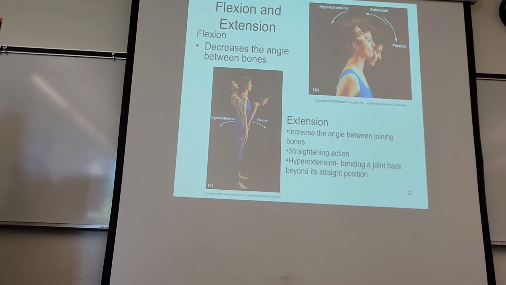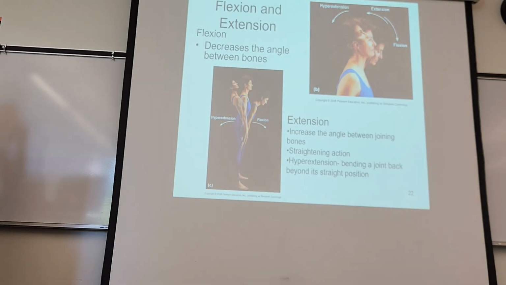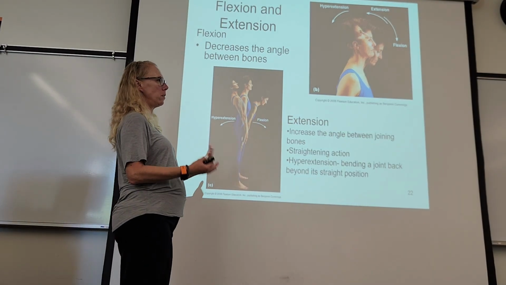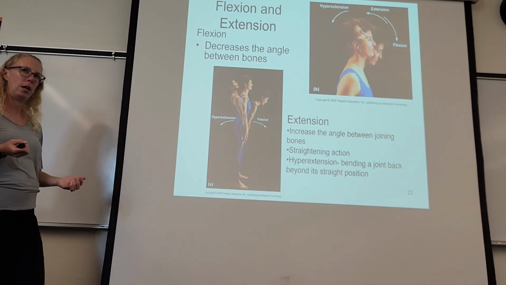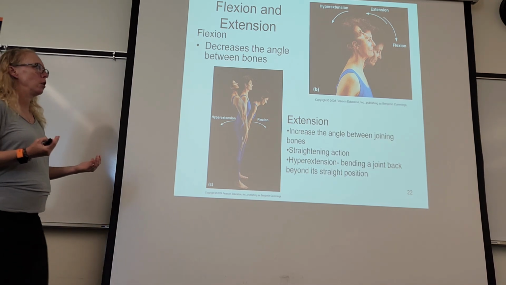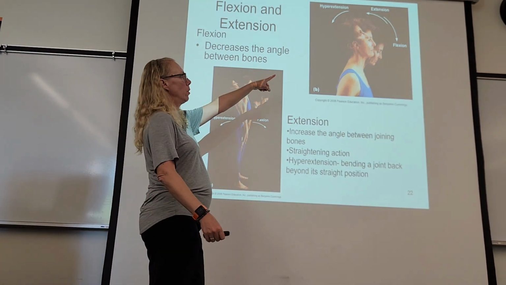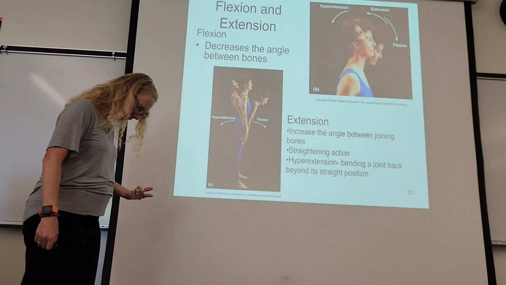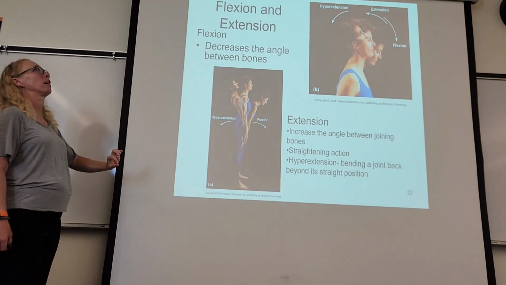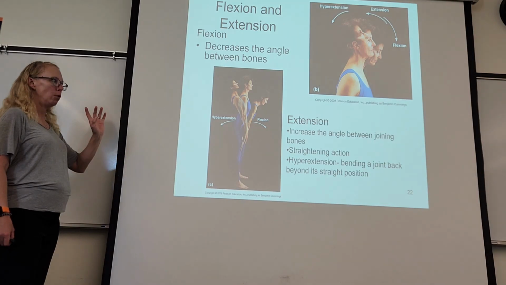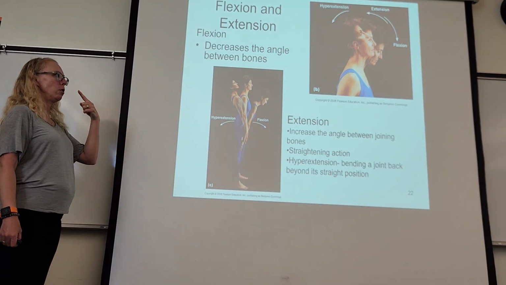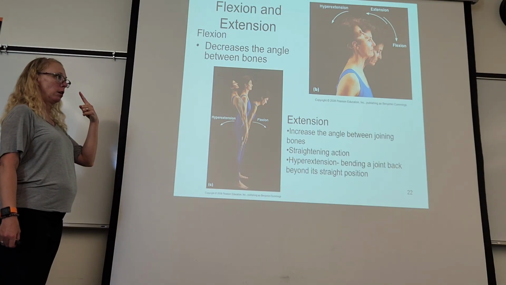Again, it's a lot of terms, but if we're talking about actions, flexion and extension are basically about the angles between the two bones that are articulating together. In the top picture, if you look down towards the floor, you're flexing your neck. If you look up towards the ceiling, you're extending your neck. Going from looking at the floor back to original position is extension.